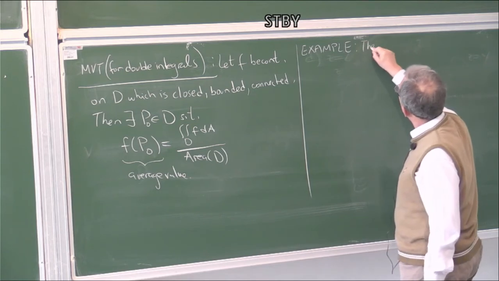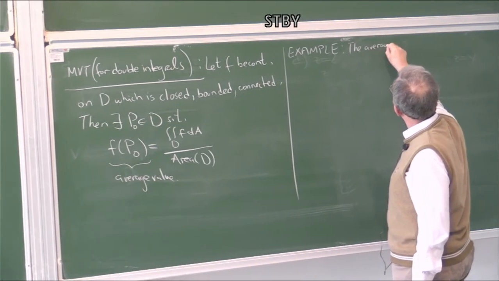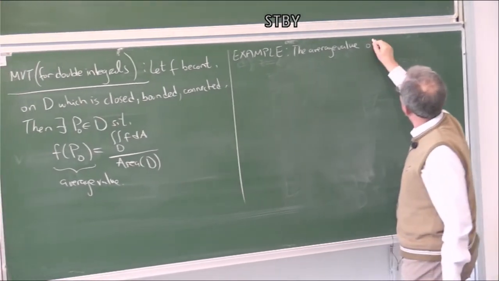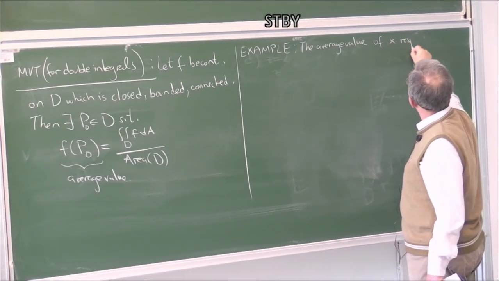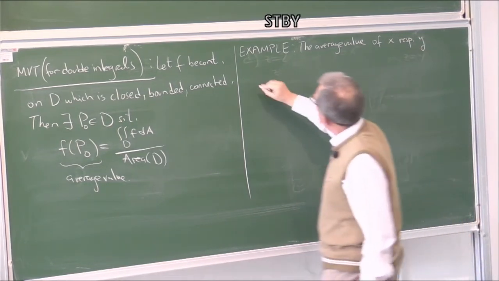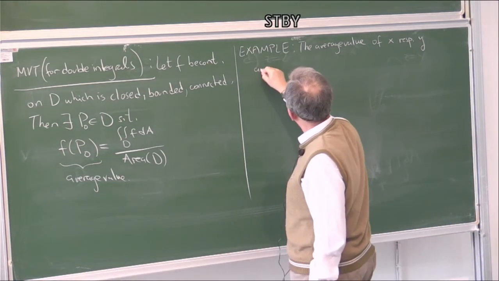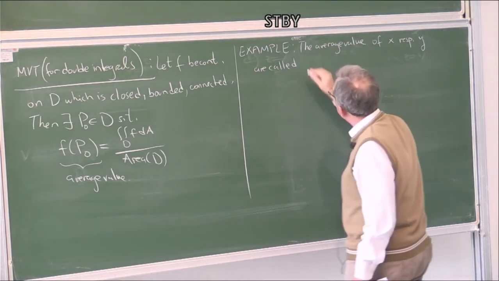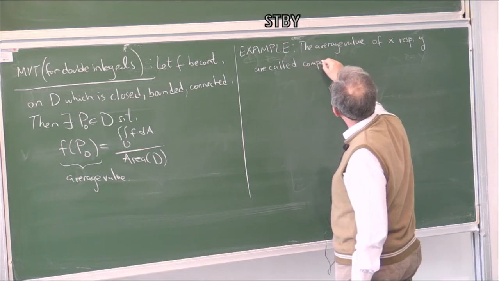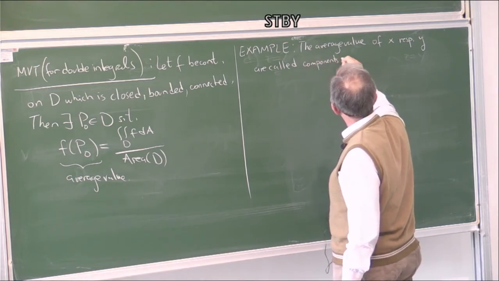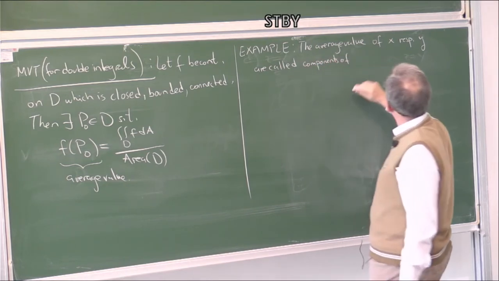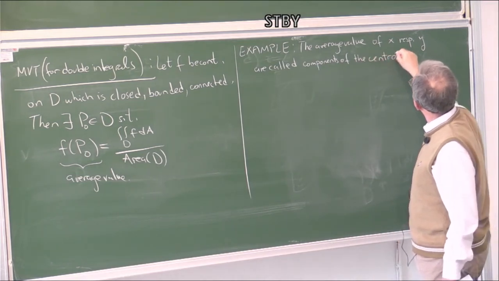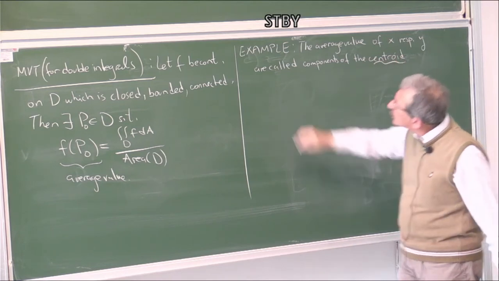The average value of x respectively y are called components of the centroid.